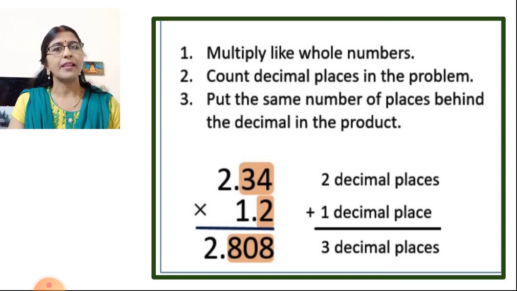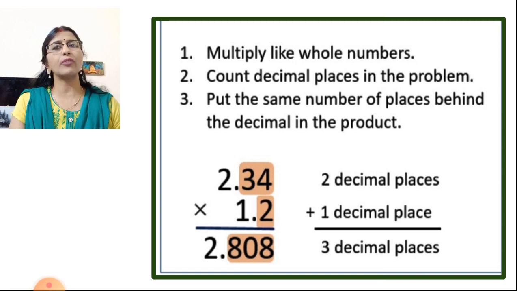Then we will count the decimal places in the decimal fractions. That means the digits which are after the decimal point, we are going to count those digits. And then we will put the same number of places behind the decimal point in the product.